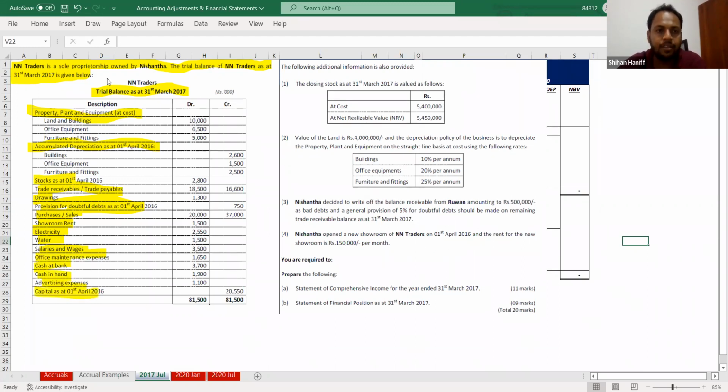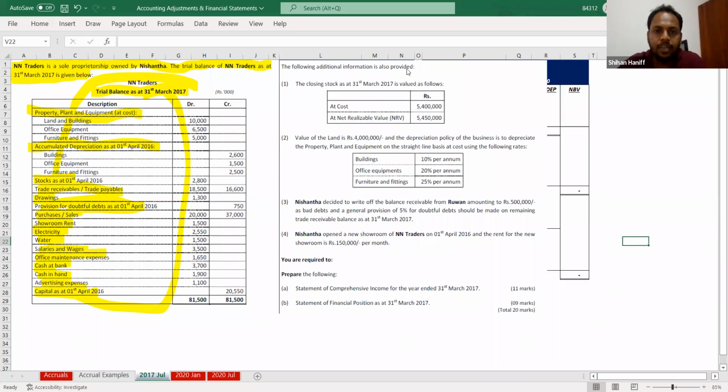So this is the trial balance. Right. So initially we will understand the basic preparation of financial statements, and the same thing will be used for incomplete records, company accounts, partnership, non-profit organizations, right? So for everything, you need this basic knowledge.